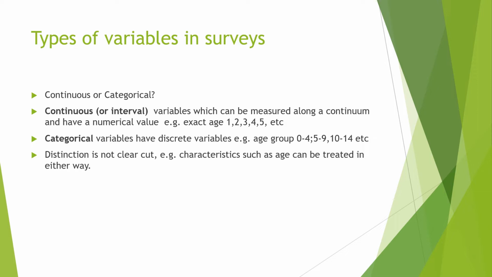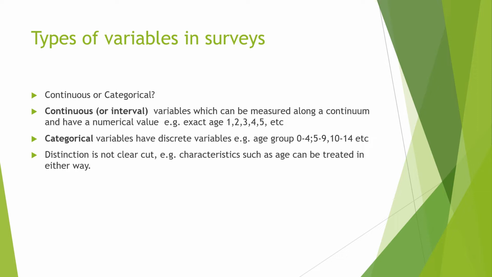As I've already suggested, survey analysis is only dealing with the analysis of quantitative data. So we're only looking at questions that can be converted into numerical data. Now, there are 2 main types of variables in surveys or questionnaires.